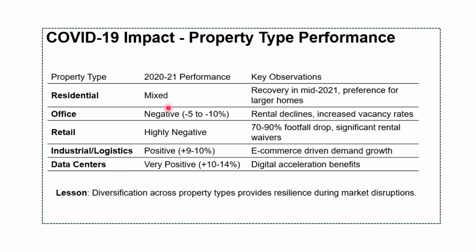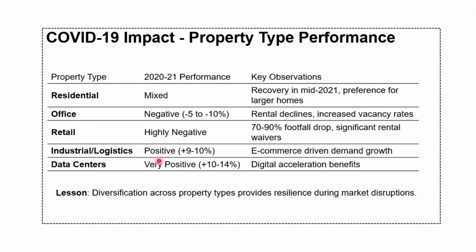Residential was mixed. There was recovery in mid 2021 and a preference for larger homes, because people realized they would require secluded spaces to attend their meetings online. And retail was highly negative for that period, because there was no shopping allowed, there was social distancing, and that was felt by retailers.